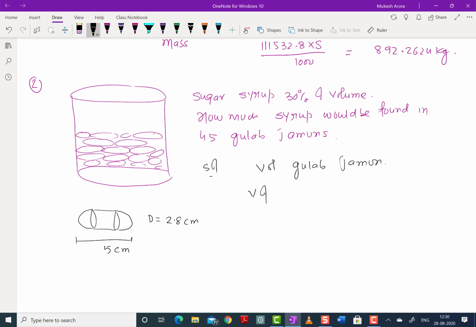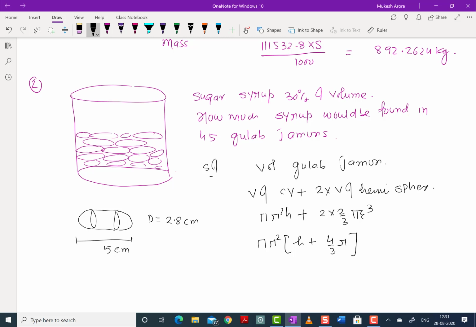It will be volume of cylinder plus 2 into volume of hemisphere. Volume of cylinder pi r square h plus 2 into 2 by 3 pi r cube. Pi r square is common, h plus 4 by 3 r. The value of pi will be 22 by 7.